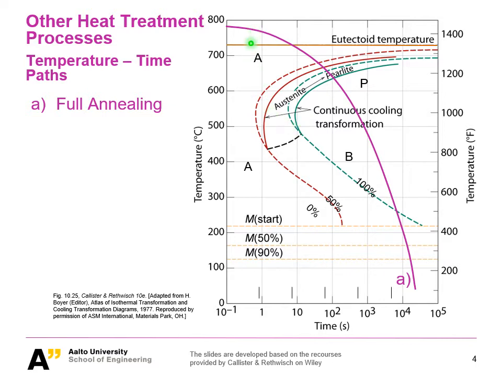By definition, full annealing refers to a process where firstly you heat your material up to the full austenite regime. So here we're starting from the austenite phase, and we cool it down very slowly, probably the slowest that we could do in a furnace condition. The furnace cools together with your material.